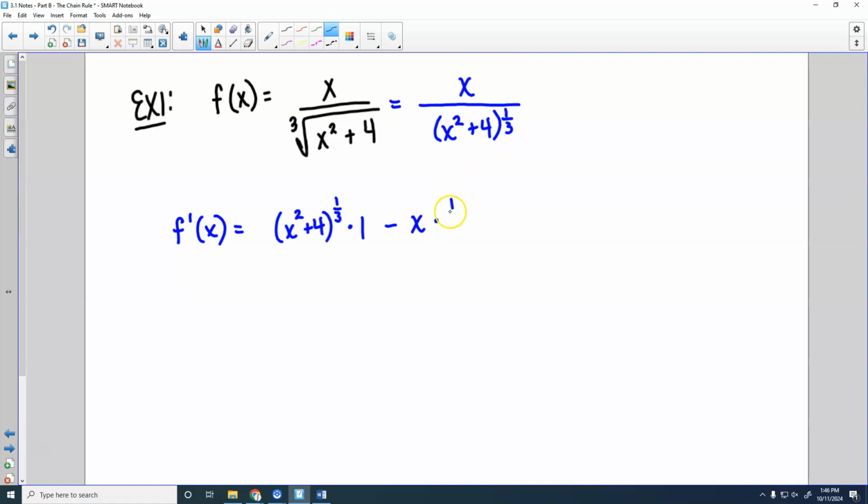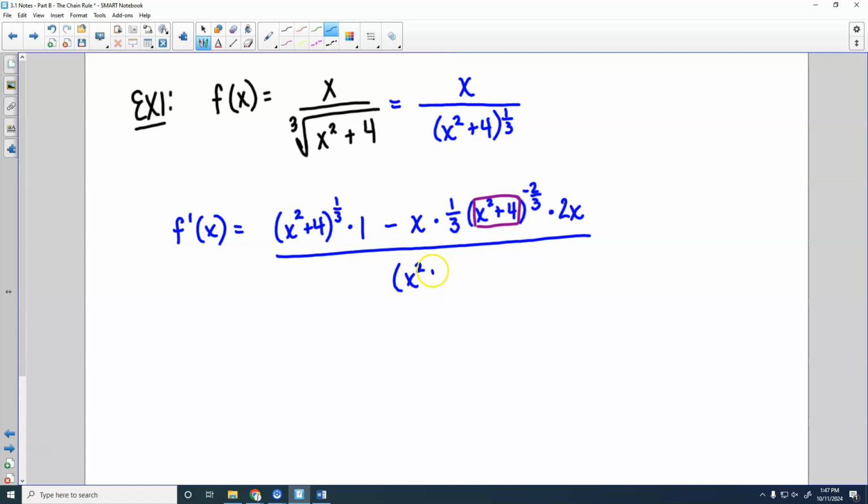So it's going to be 1/3 x squared plus 4 to the negative 2/3, times the derivative of that inside stuff that we haven't taken the derivative of yet, and that would be 2x, all over x squared plus 4 to the 1/3.